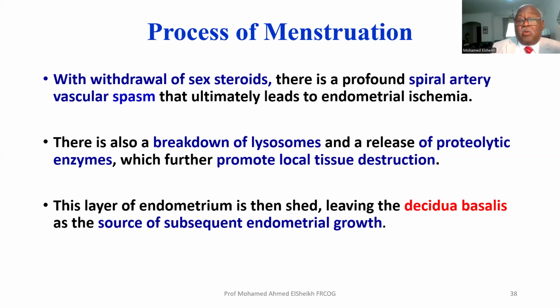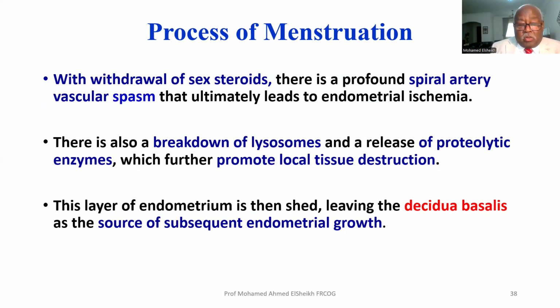Also, there is a breakdown of lysosomes and the release of proteolytic enzymes, which further promote local tissue destruction. Spiral artery spasm leads to ischemia, and proteolytic enzymes further destroy the endometrium.